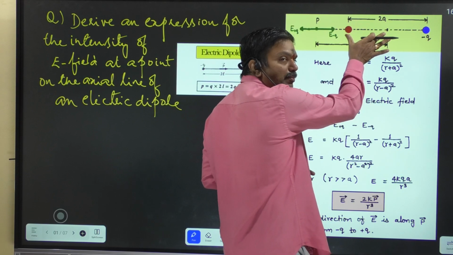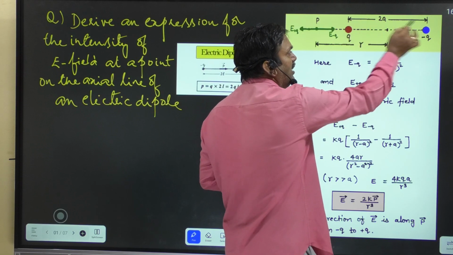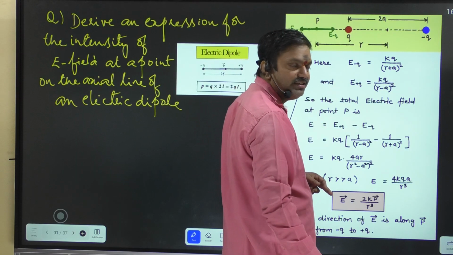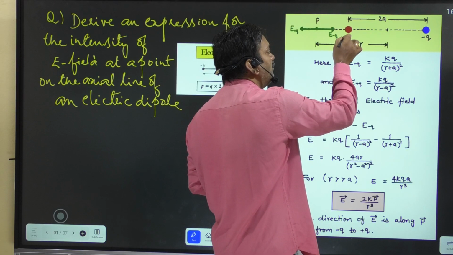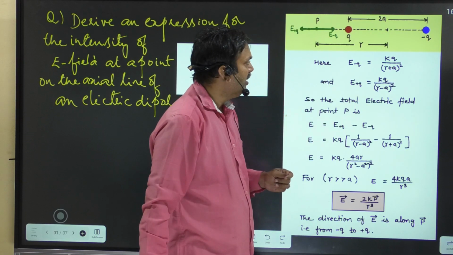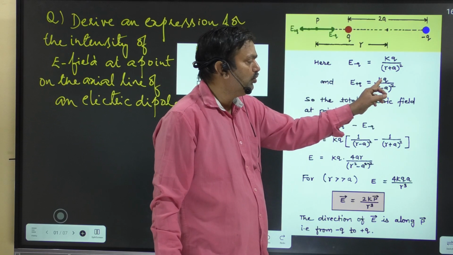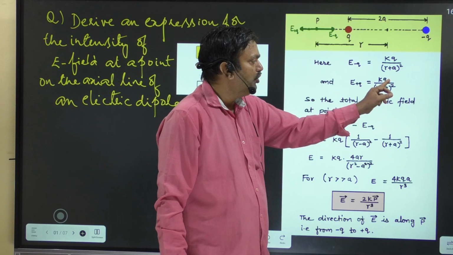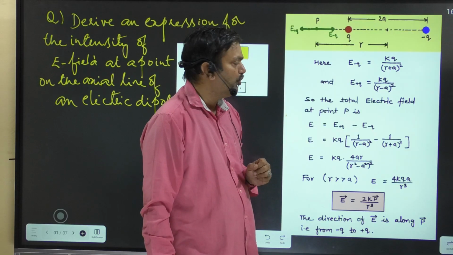If I subtract half of the dipole distance, that is A units, from this R, I get the distance from the positive charge to the point P. So obviously the electric field due to the positive charge is equal to K, that is 1 by 4 pi epsilon naught, into Q by (R minus A) whole square. This is E due to plus Q.